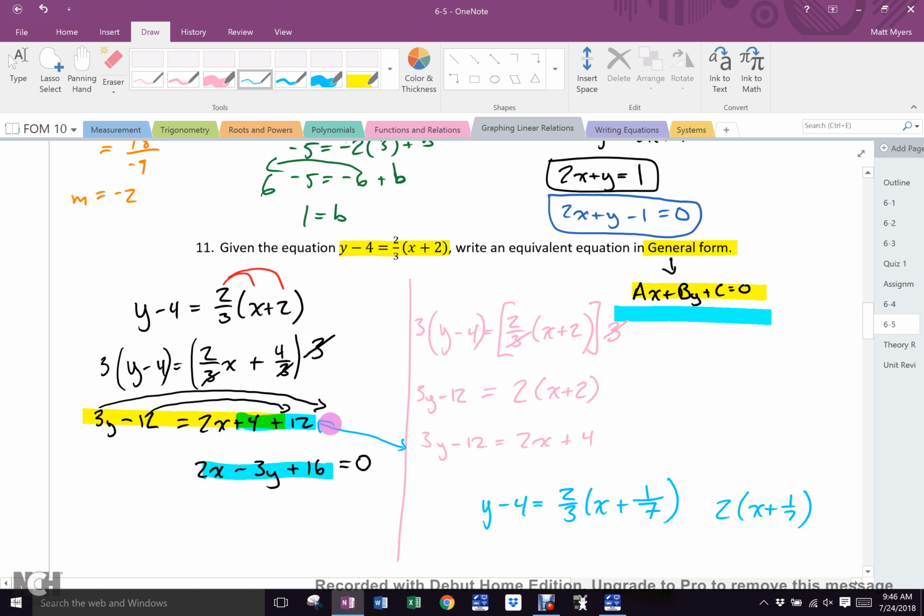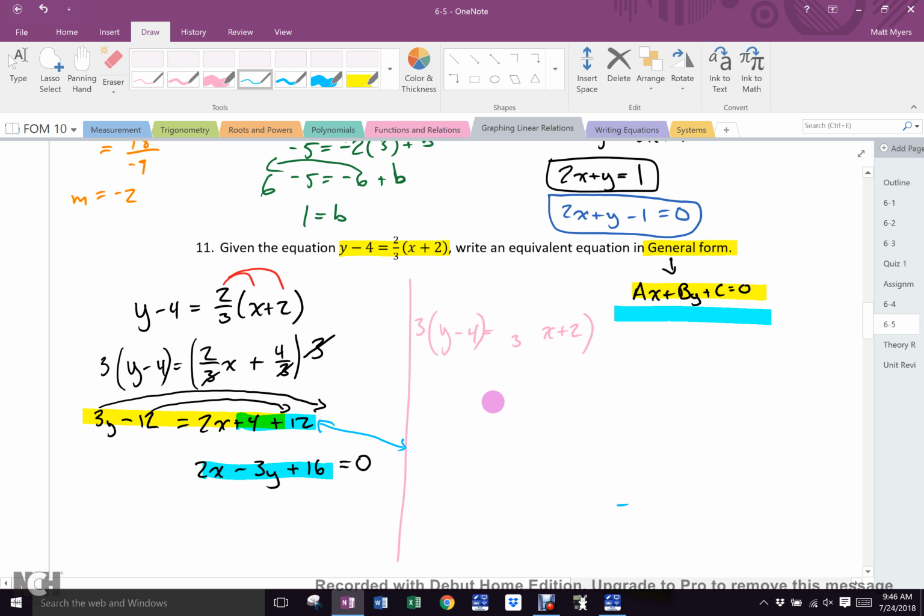Everybody cool? The pink way again? Okay, what part of it? Like start from scratch? So here. You don't like this divide by 3, right? That's the thing that's bothering you.